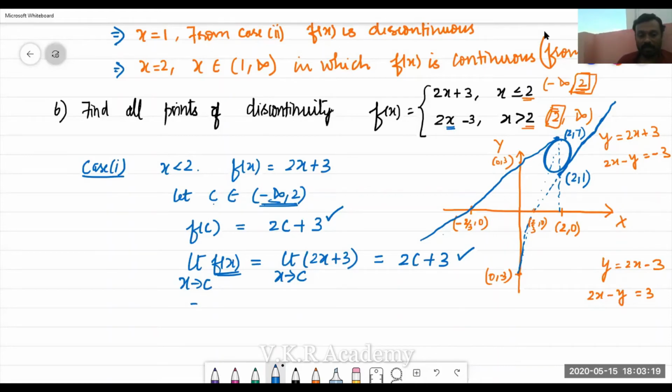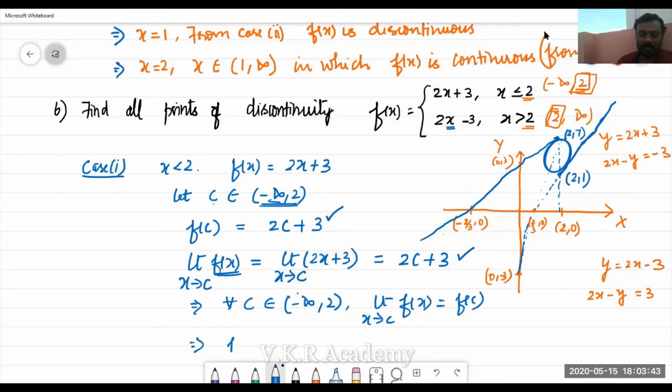This implies for all c in the interval minus infinity to 2, limit x tends to c, f of x is equal to f of c.